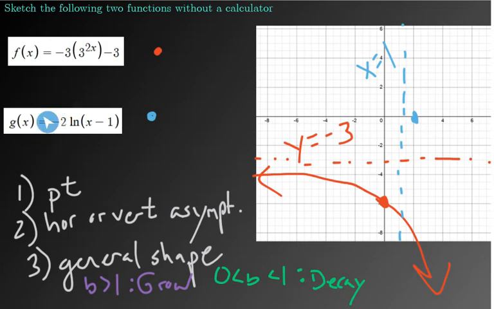But there is a negative, right? So it would have been something like that. That's kind of what log growth would look like. But then we flip it. So it's going to look like this. So you've kind of turned it into sort of log decay, right? So it's just going to do something kind of like that. And that's it. Just 1 point, dotted line, general shape. That's all I'm looking for.